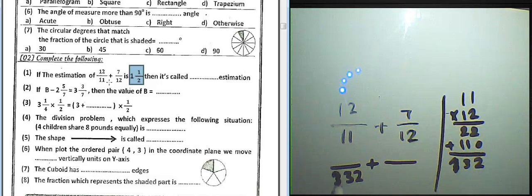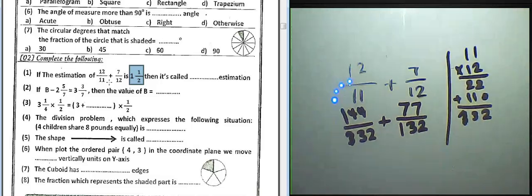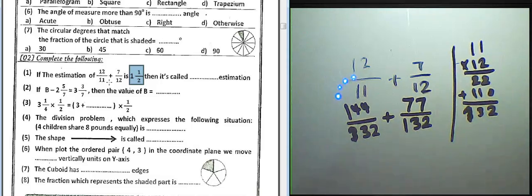The result will be 132. And here, 12 times 12 equals 144, and 7 times 11 equals 77. Then we can find the result.